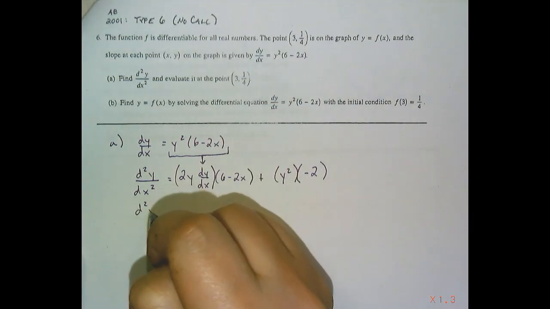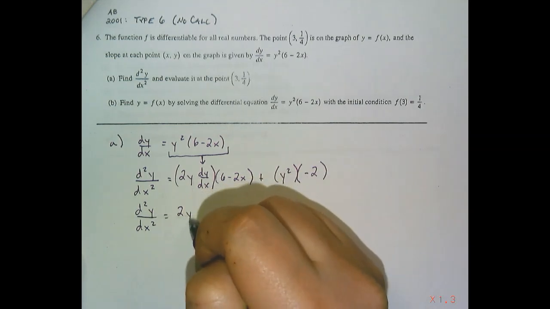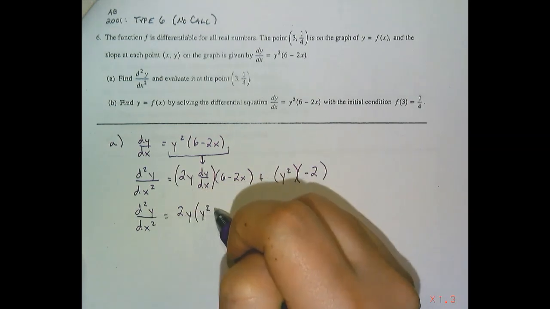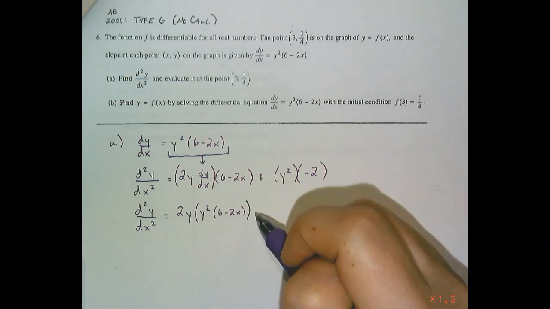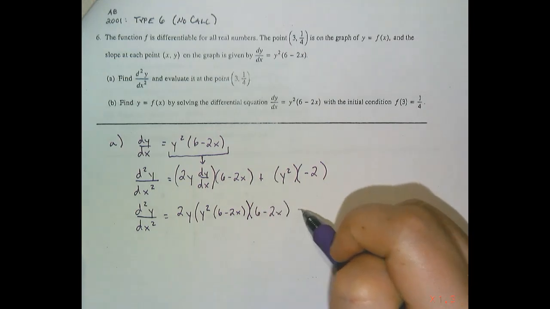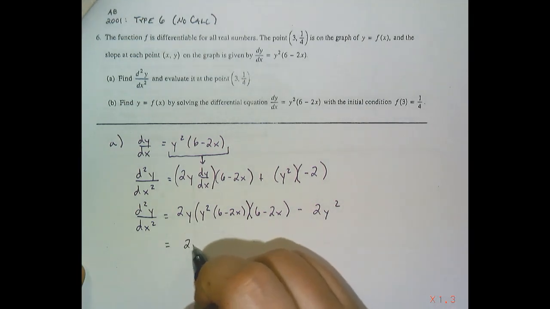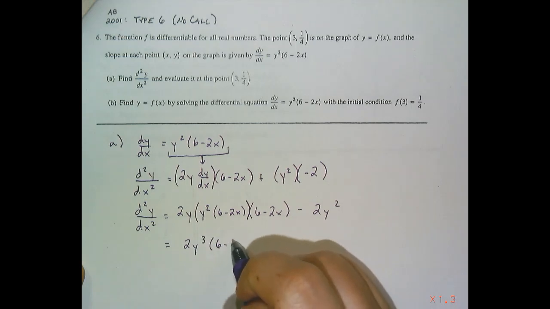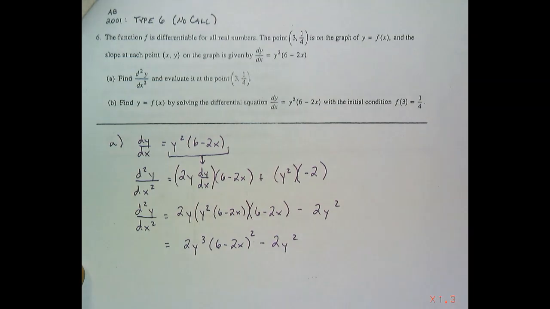So rewriting our second derivative, we get 2y times y squared times 6 minus 2x times 6 minus 2x minus 2y squared. Looks like we have two of those terms, so one last simplification: 2y cubed times (6 minus 2x) squared, subtract 2y squared. That is our second derivative.